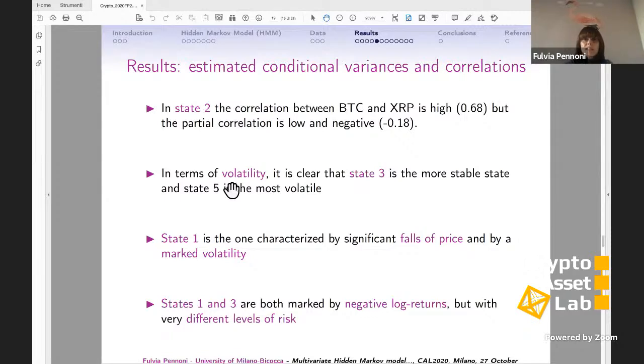We can see that state 5 also is the most volatile. State 1 is characterized mainly by significant falls of price and by market volatility. State 1 and 3 are both marked by negative returns, but they show very different levels of risk.